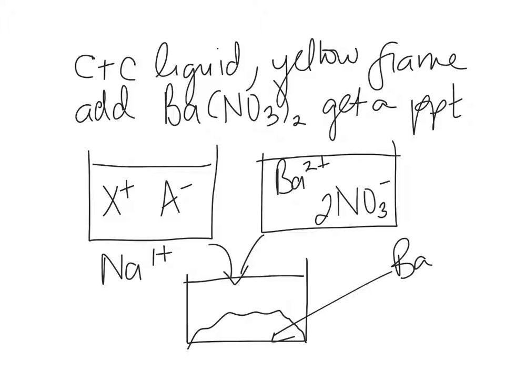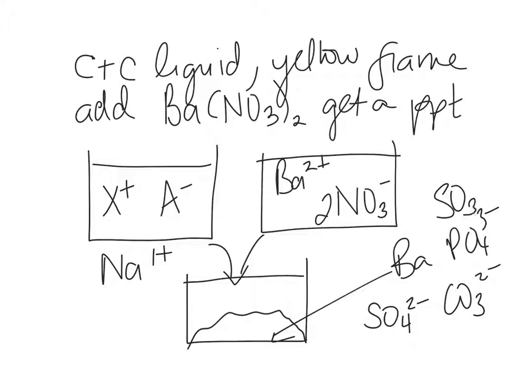What will precipitate out barium 2 plus? Give me one. SO4 2 negative. CO3 2 negative. Carbonates. PO4 3 negative. Give me another one. SO3 2 minus. Sulfite.